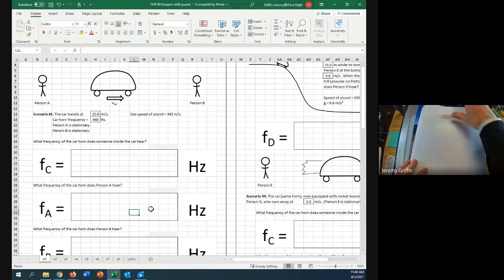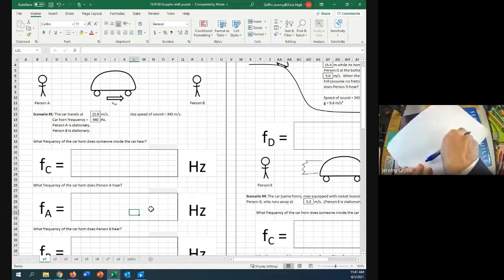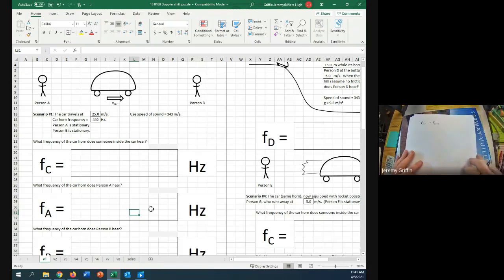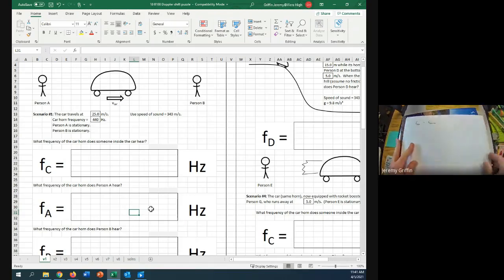Now let's do a practice run on this. You guys remember Doppler shift: the observed frequency is equal to the source frequency. Now, if nobody's in motion, isn't that the entire story? Everybody agrees on what the frequency is.